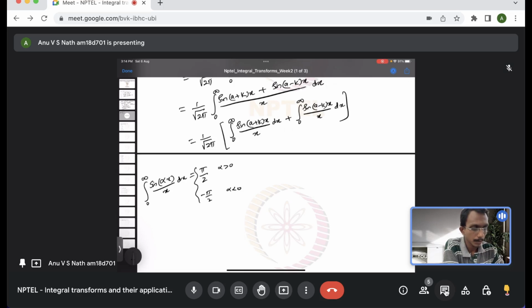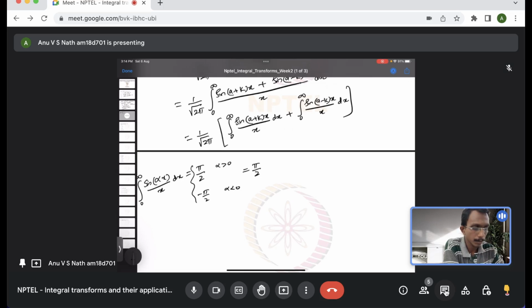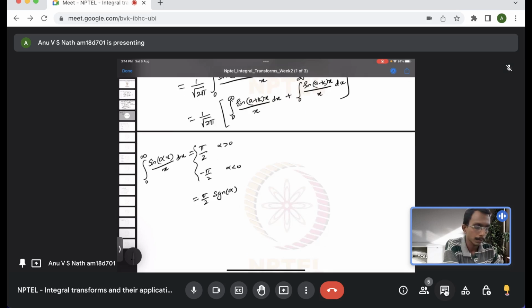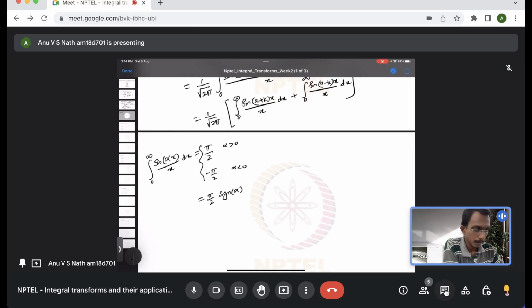So this in general we can say it's actually pi by 2 times sign of alpha. Sign function, I think if you have watched the lectures, there is an explanation for the sign function. It's the signum function.